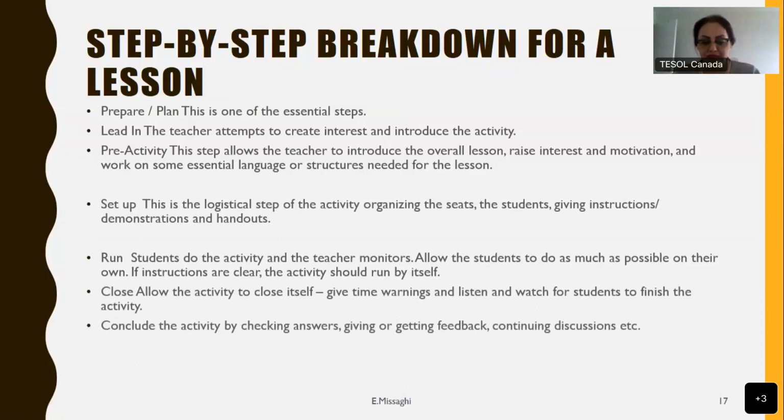What comes after? It's the time to get the feedback. You check the answers, get feedback, continue the discussion, and it's a time for reflection. But during the practice time, time is very important.